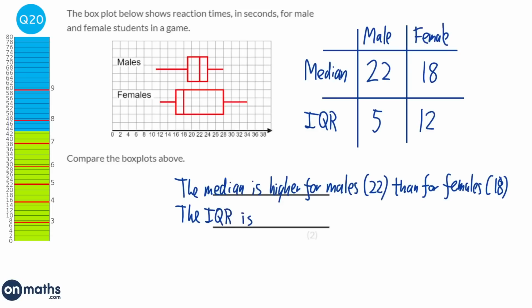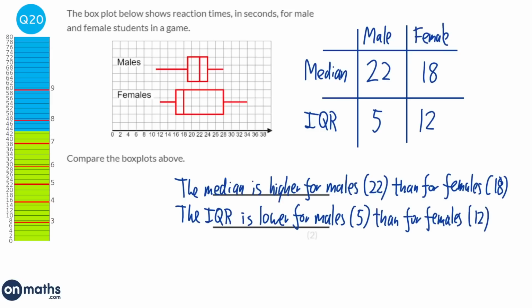Is, now you can say lower for males or higher for females. I'm going to say lower for males (5) than for females (12).